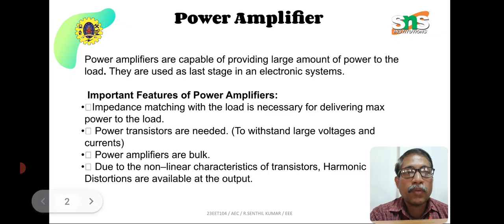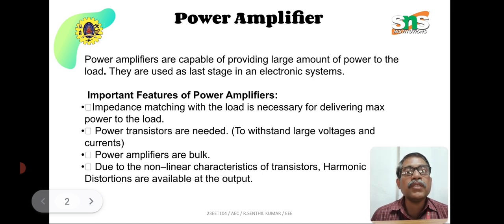A transistor normally acts as a voltage amplifier, which amplifies a small signal into a larger signal. A power amplifier is capable of producing a large amount of power from a small load. Normally, this type of amplifier, a power amplifier, will be in the last stage of any circuit.